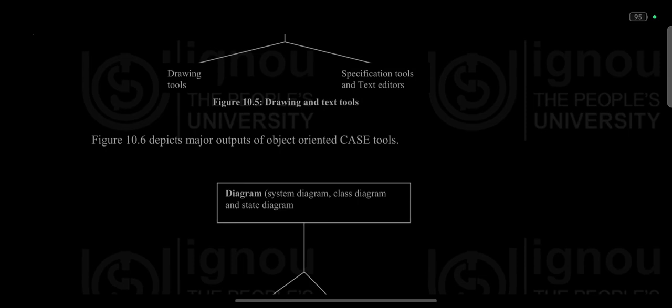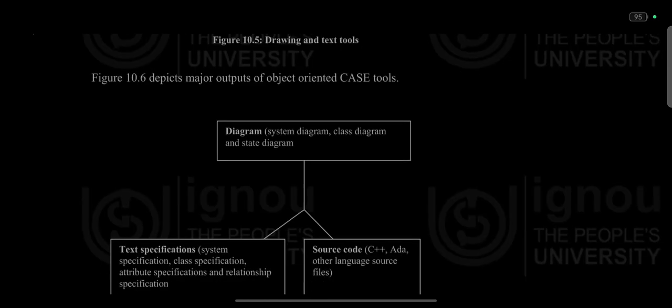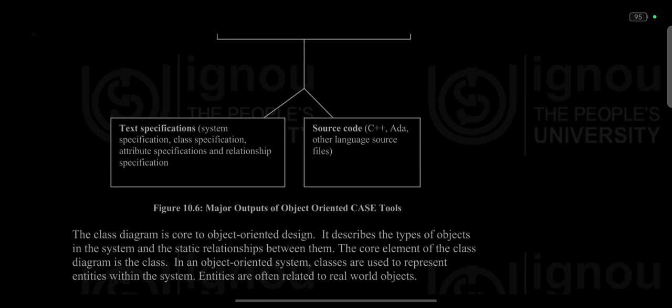Diagrams: system diagram, class diagram, and state diagram, under which come text specifications: system specification, class specification, attribute specifications, and relationship specification. Then comes source code: C++, ADA, other languages source files. Figure 10.6, major outputs of object oriented CASE tools.